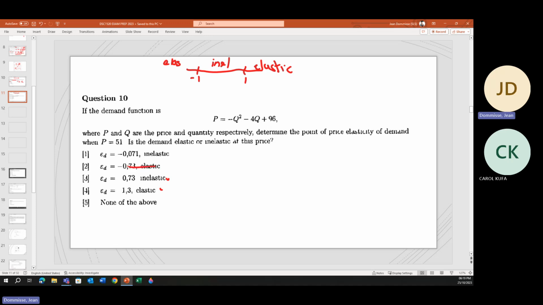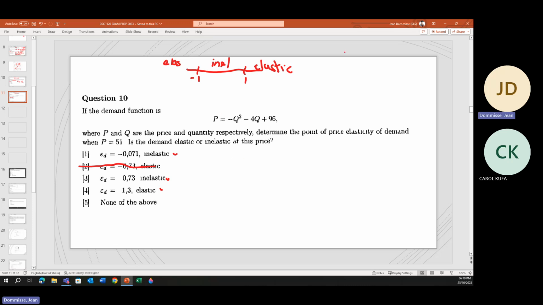Okay, that will not be one of your options. And then 0.071 inelastic, it might be one of your options.